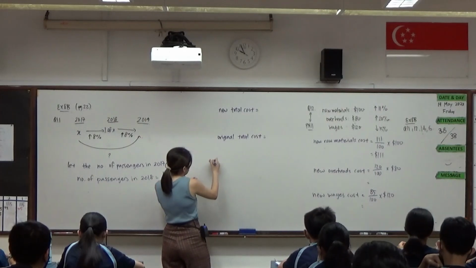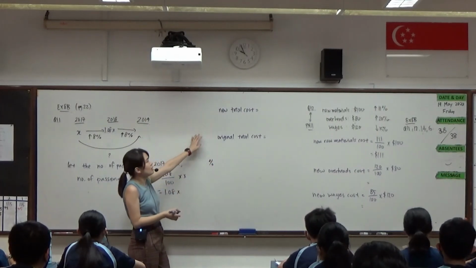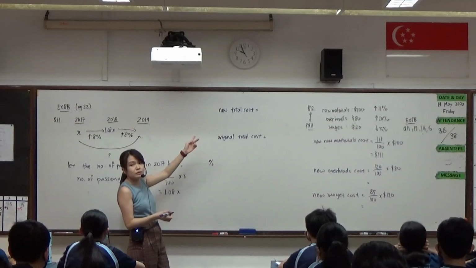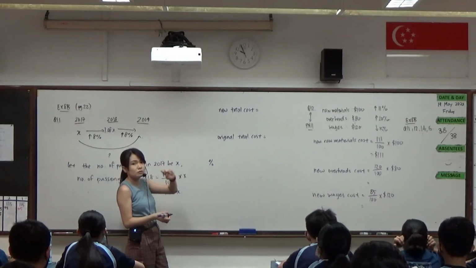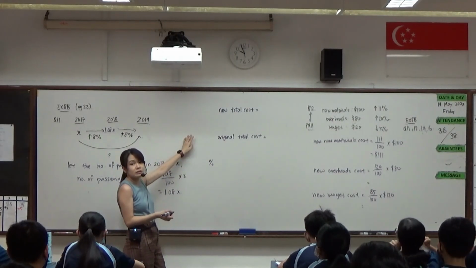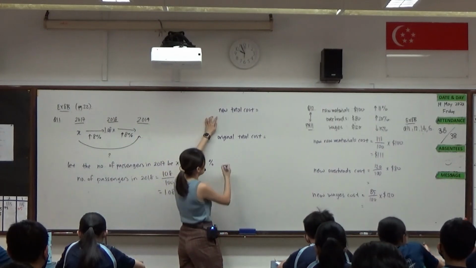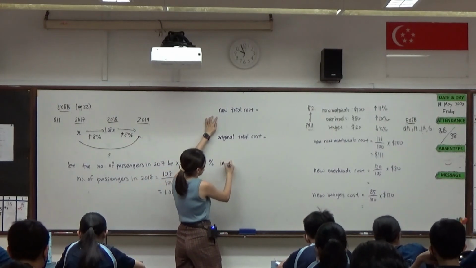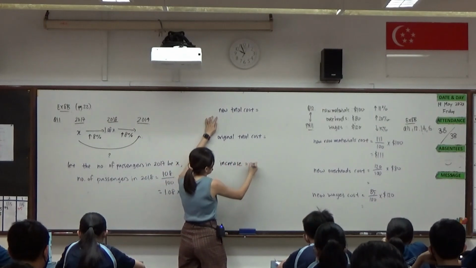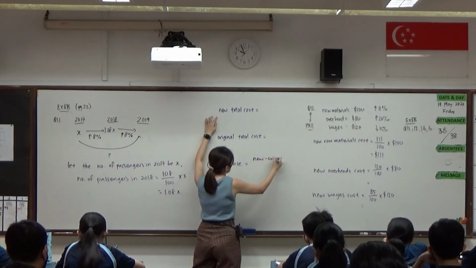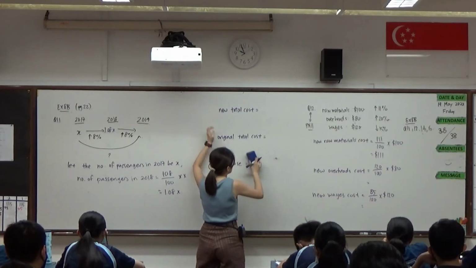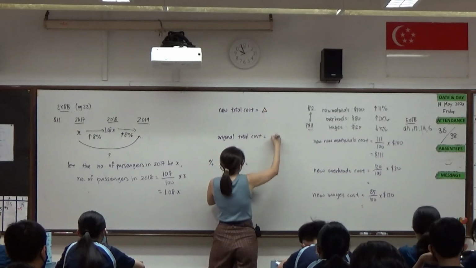Then you will find whether the new one and the old one, which one is higher. Which one do you all get higher? For those that can do, is the new total cost higher? Yes, so we take the new one. That means there's a percentage increase. So we take the new minus original. We just use some sheets.